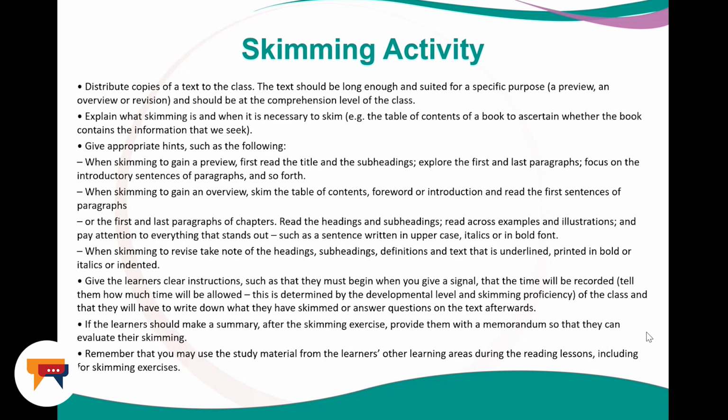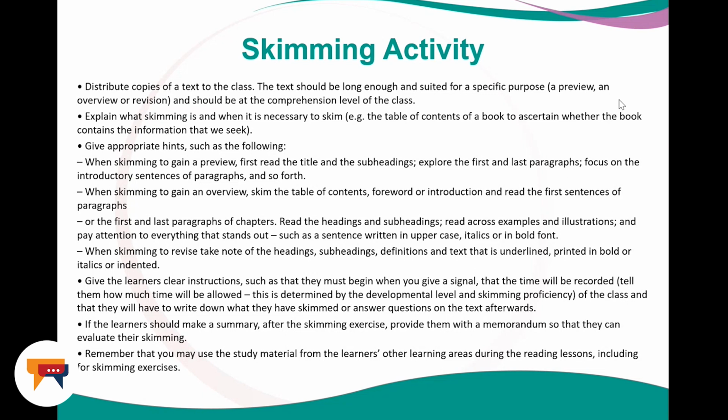All right, so when skimming, to gain a preview, first read the title, the subheadings, look at the first and last paragraph, and then of course focus on the introductory sentences of paragraphs and so forth. Okay, we are going to be looking for an overview. So if there's a table of contents, a foreword, or introduction, read these first.